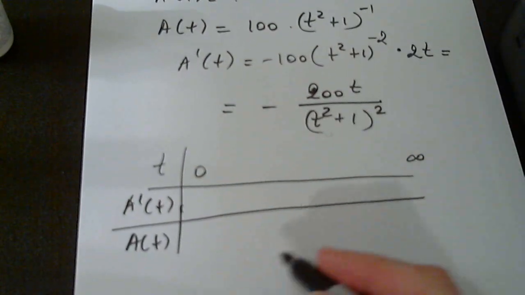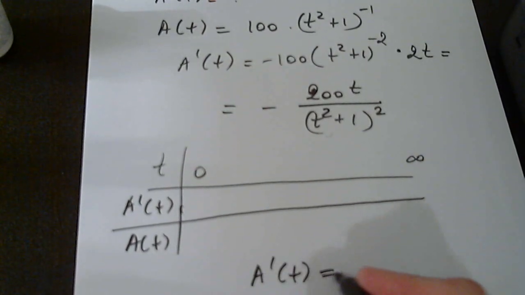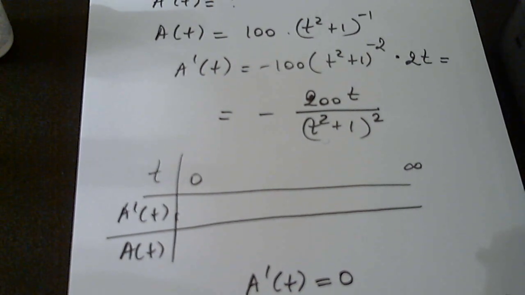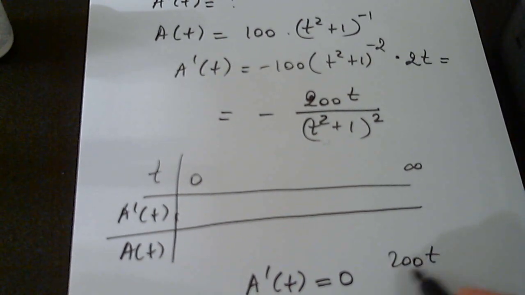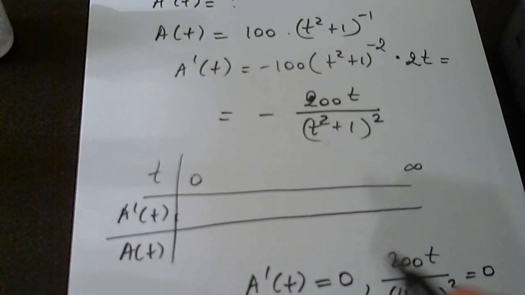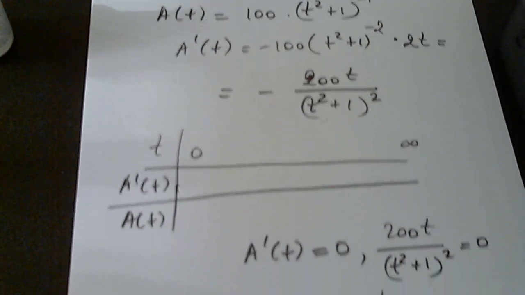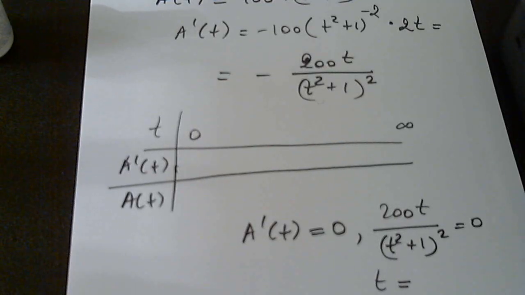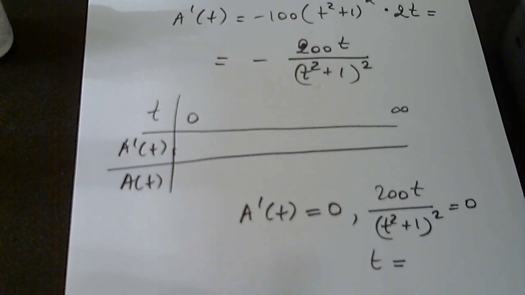So we have to find critical numbers. So a prime of t can be 0. 200t over t squared plus 1 squared can be 0. A fraction is 0 only if the numerator is 0. So for which value of t is this numerator 0?